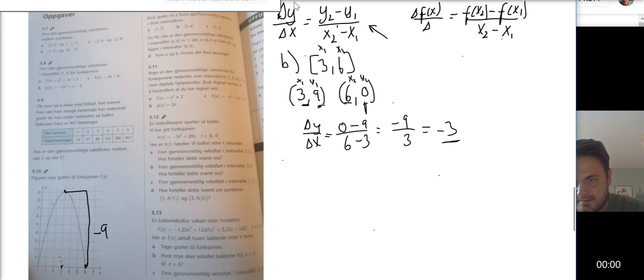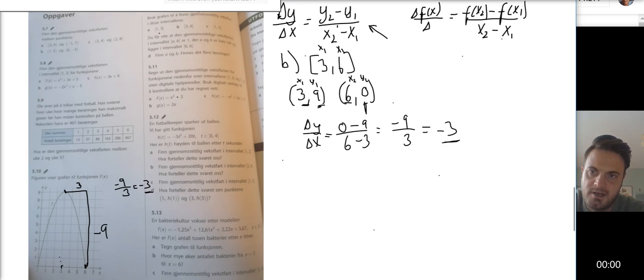We see that this happens in the amount of 3 hours. So if the temperature falls by 9 degrees in 3 hours, that will be minus 3, or 3 degrees per hour. So the average change in this interval is minus 3 per hour. So that's the answer on exercise 5.10b.